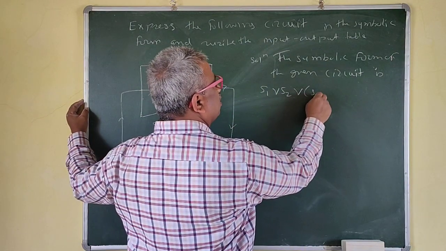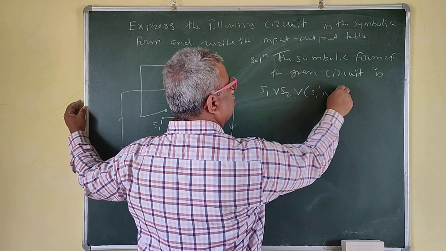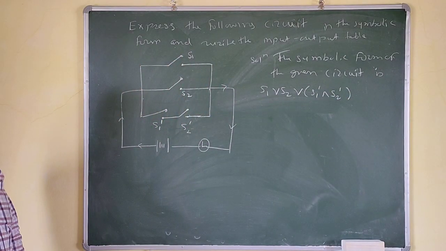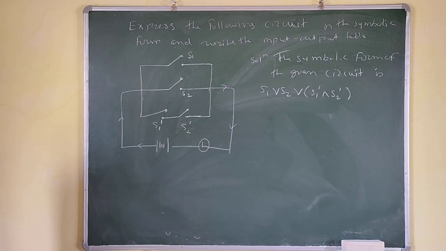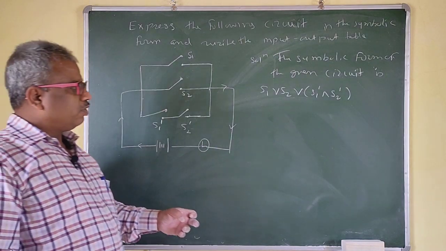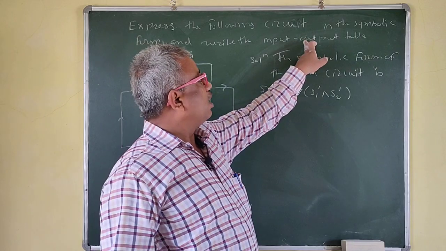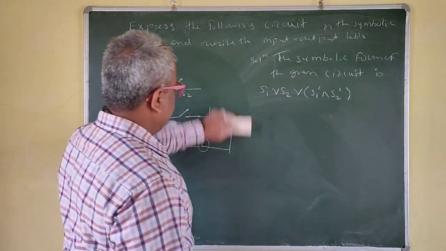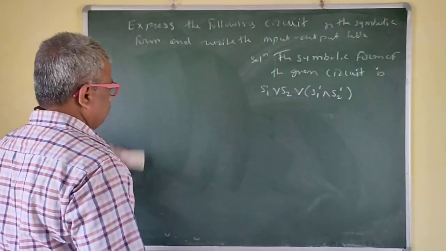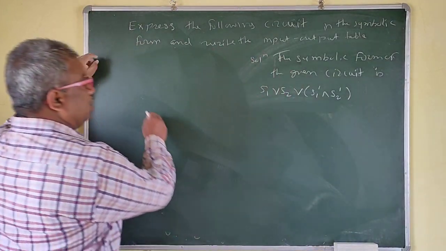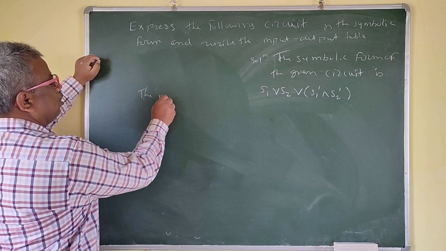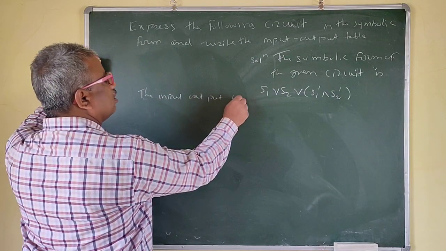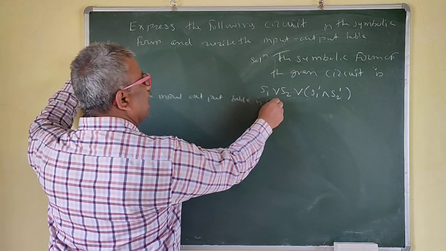So that means S1 complement, S2 complement, right? Complement means negation. This is your symbolic form. Now what you have to do? You have to write the input output table. So we write the input output table. The input output table is as follows.